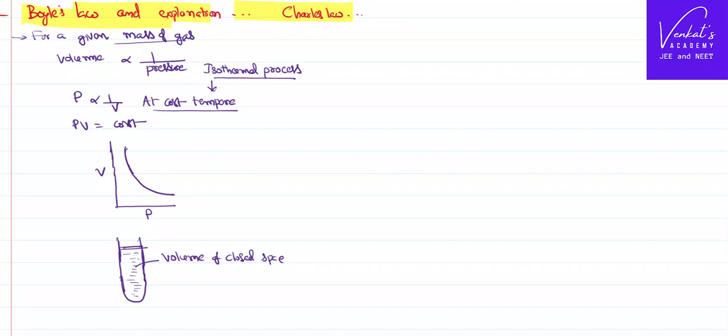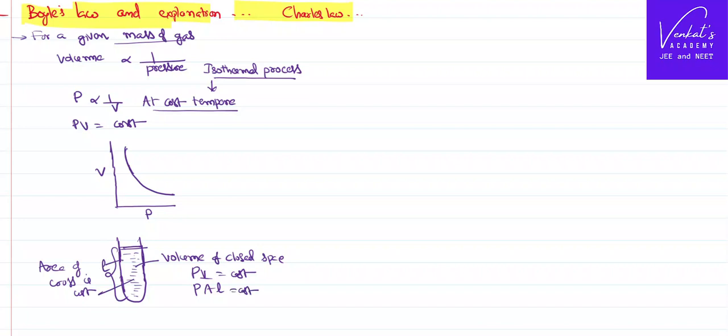But if you take this kind of a tube whose area of cross section is constant, then pressure into volume constant can be written as pressure into area into length of the gas, where this is the length and this is the area of the cross section.